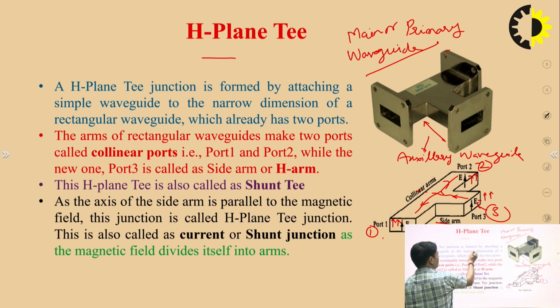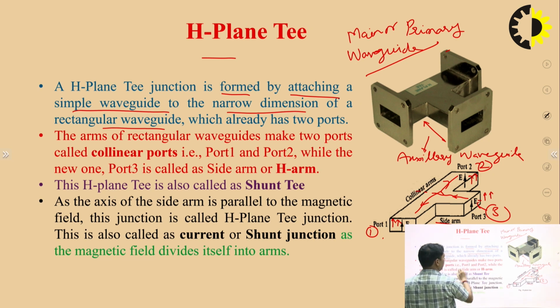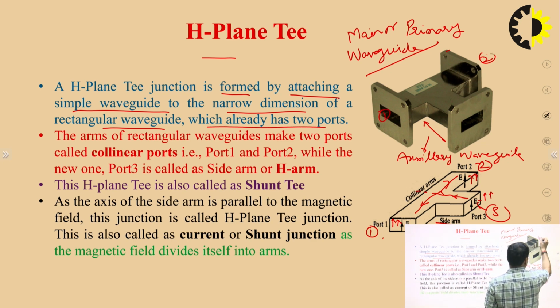The H plane T junction is formed, in the basic definition, by attaching a simple waveguide to the narrow dimension of the rectangular waveguide, which already has 2 ports. This means port 1 and port 2, and we add another as port 3.